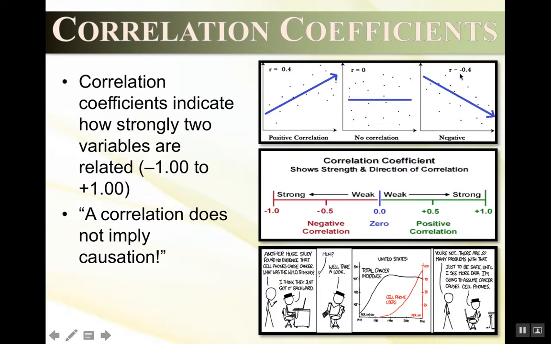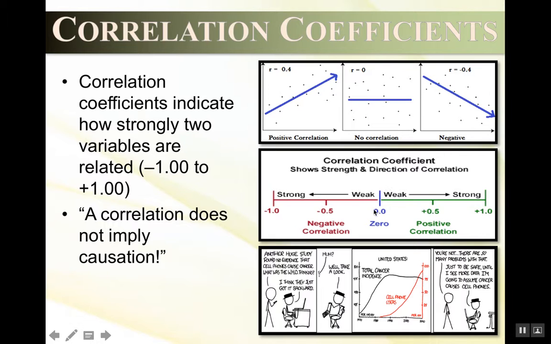Negative would be when there is a negative correlation coefficient. And zero would be no correlation. And then positive, and there's different degrees of positive and negative. And as you can tell by this chart right here, zero would be weak. And the closer it gets to a 1, the stronger it is. And the more it gets to a negative 1, the stronger the negative correlation is.